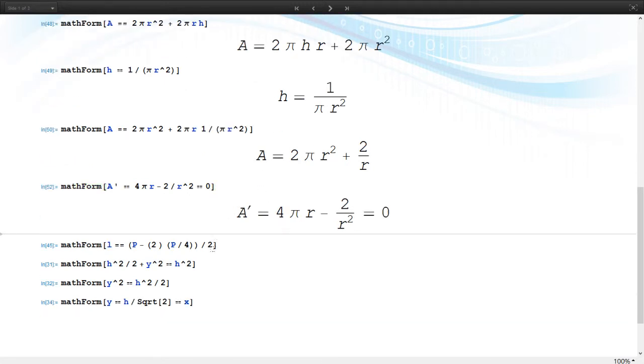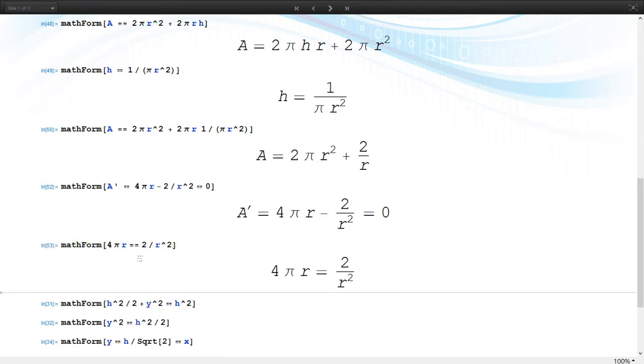So that means that we'll get 4 pi r is equal to 2 over r squared. And we cross multiply. That gives us r cubed is equal to, looks like, 1 divided by 2 pi.